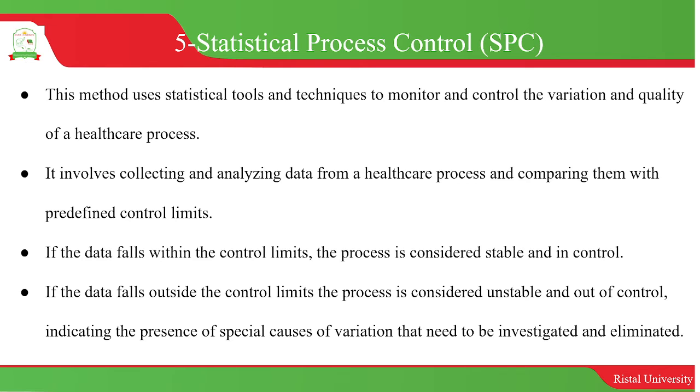How can we approach this? How many drugs do we need? And then we can predict future trends. If the data falls within the control limits, the process is considered stable. However, if the data falls outside the control limits, the process is considered unstable and out of control.